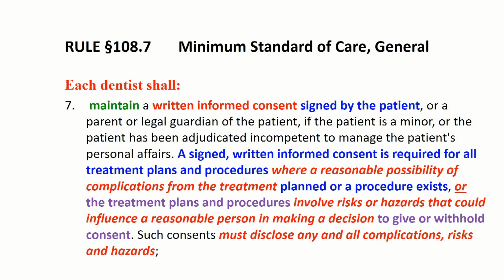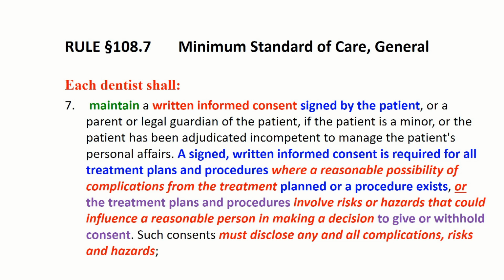So, starting again, each dentist shall, number 7, maintain a written informed consent signed by the patient or a parent or legal guardian of the patient if the patient is a minor or the patient has been adjudicated incompetent to manage the patient's personal affairs.